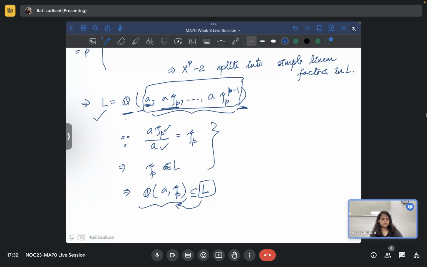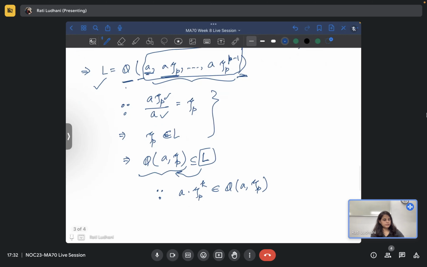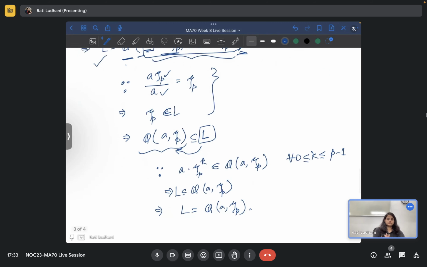Since A times zeta p and all the powers, for all k from 0 to p minus 1, belong to Q(A, zeta p), L is contained in this, and hence L should be equal to Q(A, zeta p). Which was the requirement for the A part.